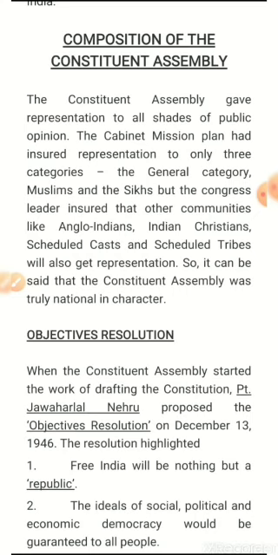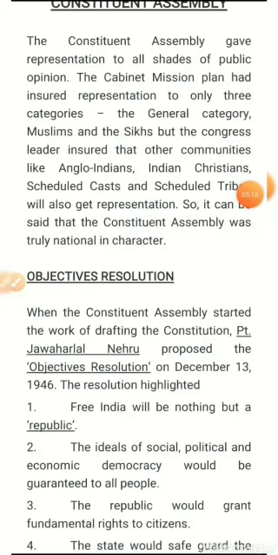But the Congress leader ensured that other communities like Anglo-Indians, Indian Christians, scheduled caste and scheduled tribes will also get the representation in this assembly. So, it can be said that the Constituent Assembly was truly national in character.